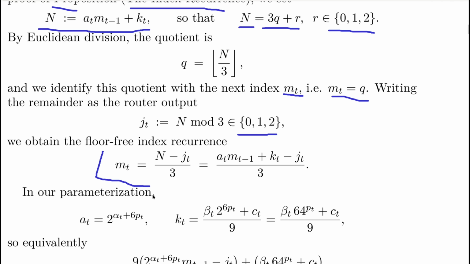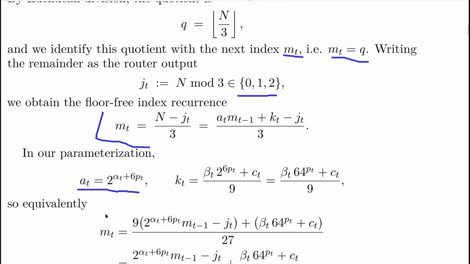In our parameterization, at is equal to 2 raised to alpha t plus 6 pt. Kt is equal to beta t times 2 raised to 6 pt plus ct all over 9, which is the same as bt times 64 raised to pt plus ct all over 9.